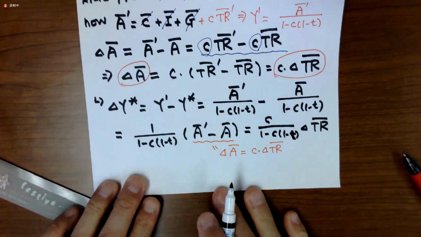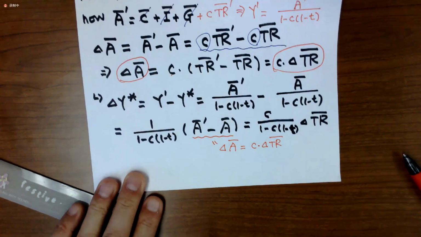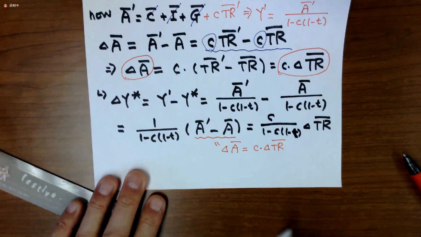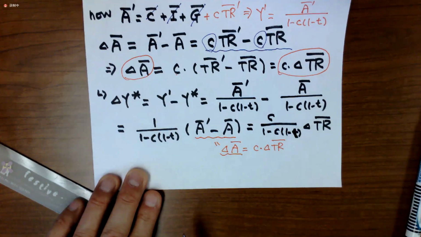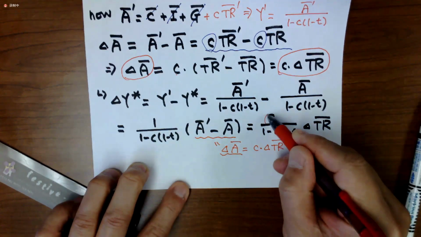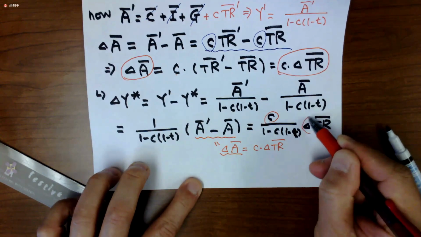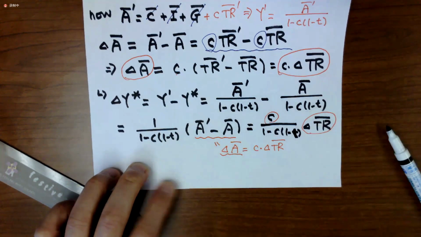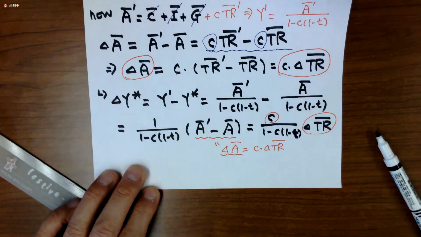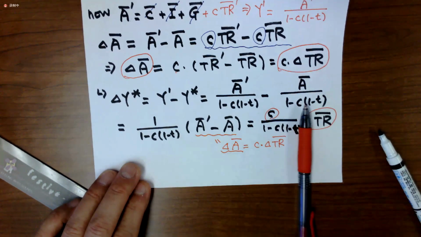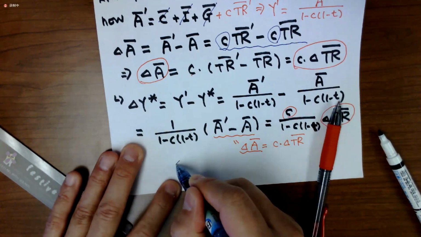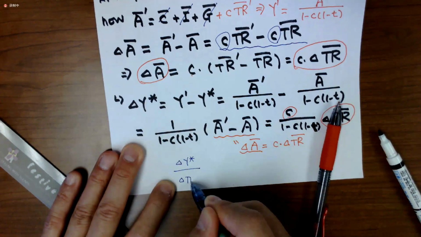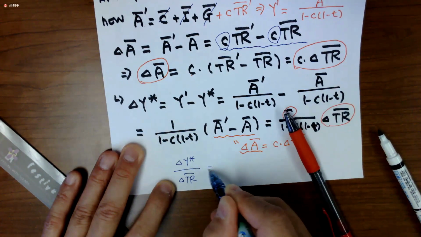You replace the change in total autonomous spending with little c times the change in TR bar. So now we get the expression of the transfer payment multiplier. What is it?